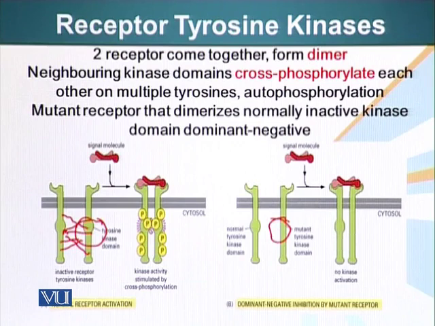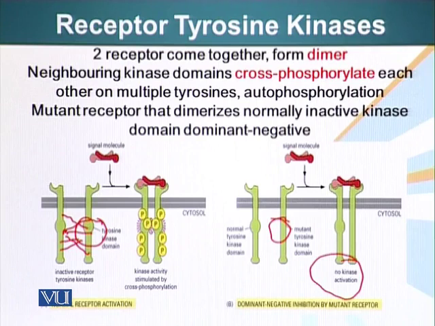However, they don't have the kinase domain, so they cannot phosphorylate each other. So when that happens, although the ligand has bound and there is a dimerization of the receptor, there's no kinase activity, so no message is conveyed to the cellular machinery.